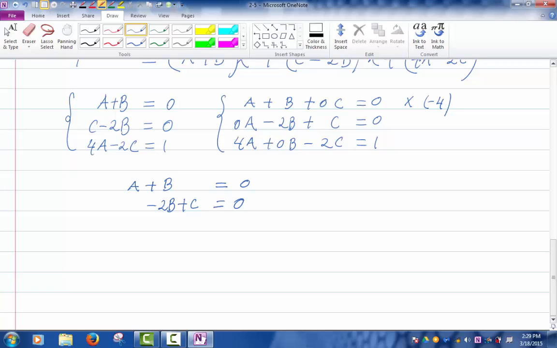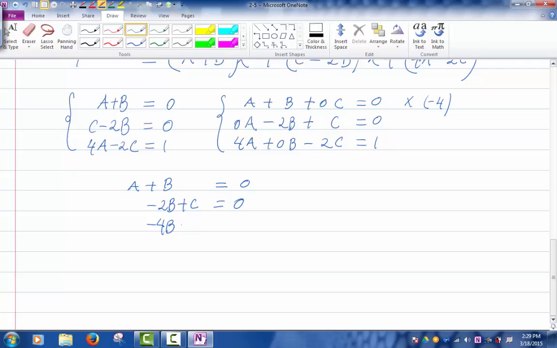So multiply the first equation by negative 4. I get negative 4a added to the third one, which vanishes the coefficient of a, and then minus 4b plus 0b, that's going to be minus 4b. Then you multiply minus 4 times 0c, which would be 0c still.